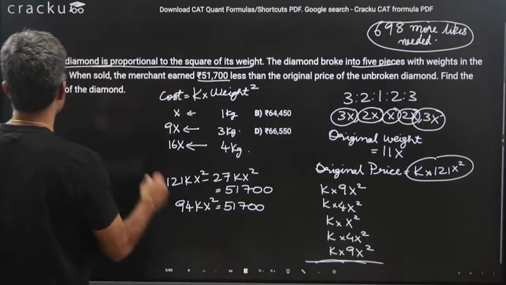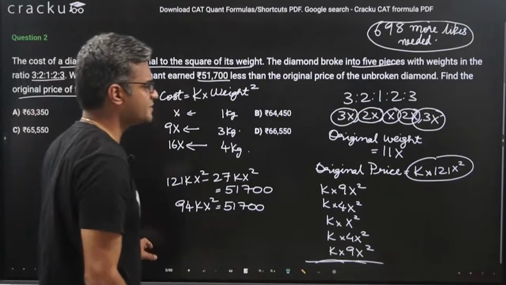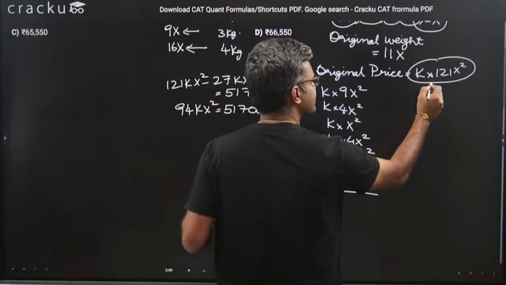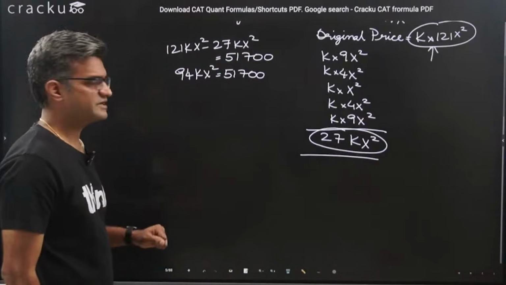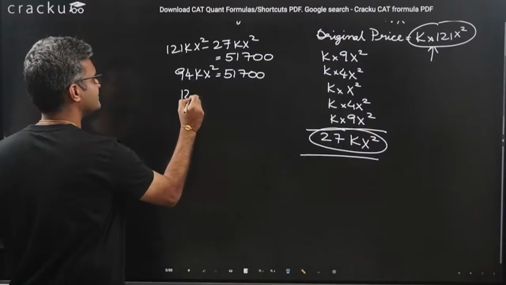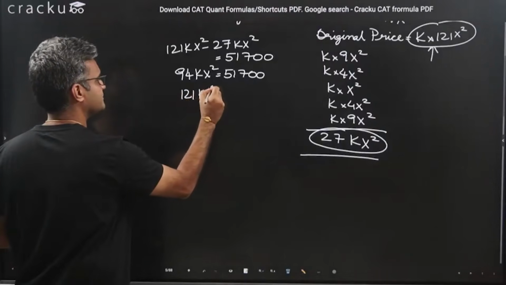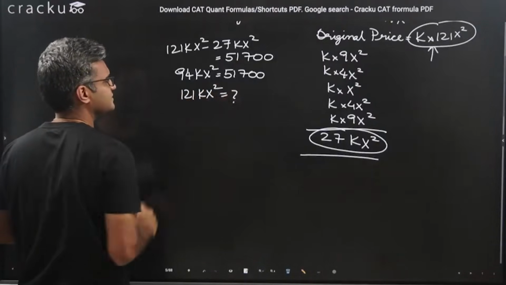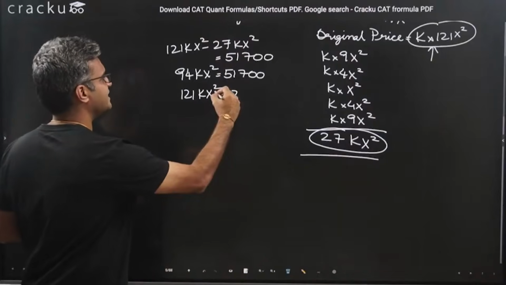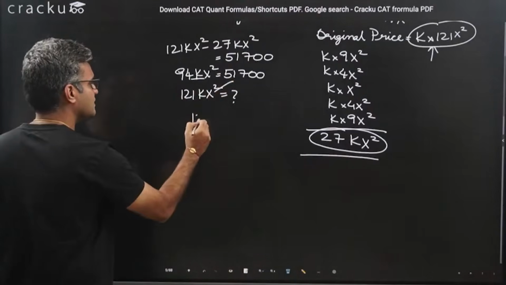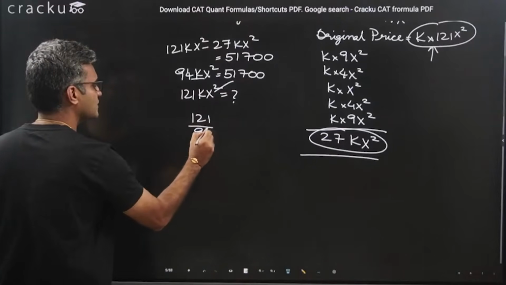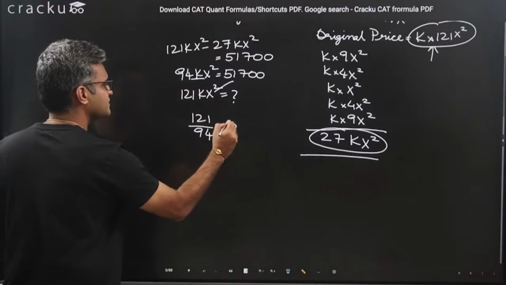What are we asked to calculate? We are asked to calculate the original price of the diamond. The original price of the diamond is 121 kx square. So if 94 kx square is 51,700, what is 121 kx square equal to? Here we just multiply diagonally and divide by this, which is 121 divided by 94 into 51,700.